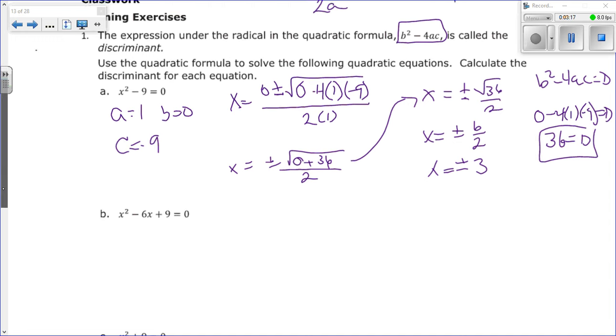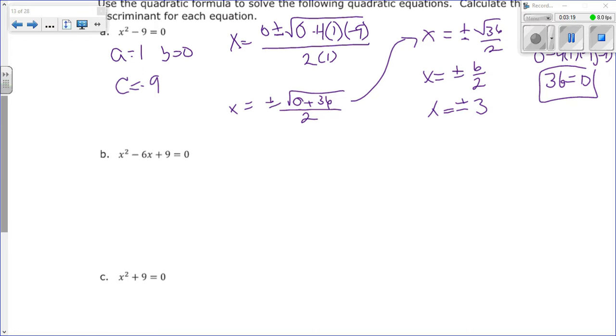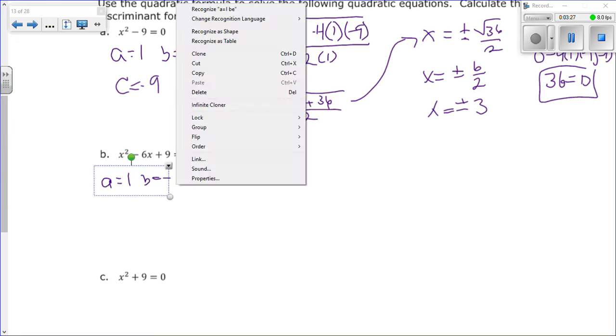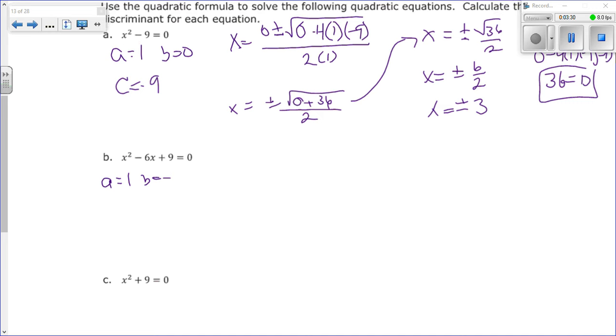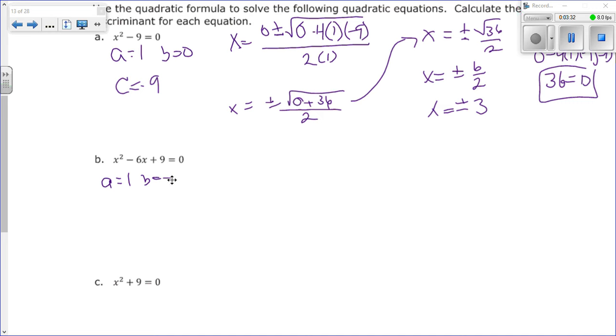For the next problem here, I have x squared minus 6x plus 9. So a is 1, b is negative 6, and c is 9.